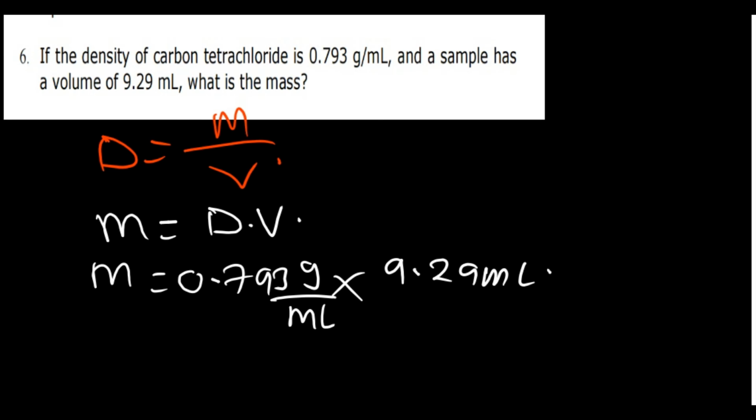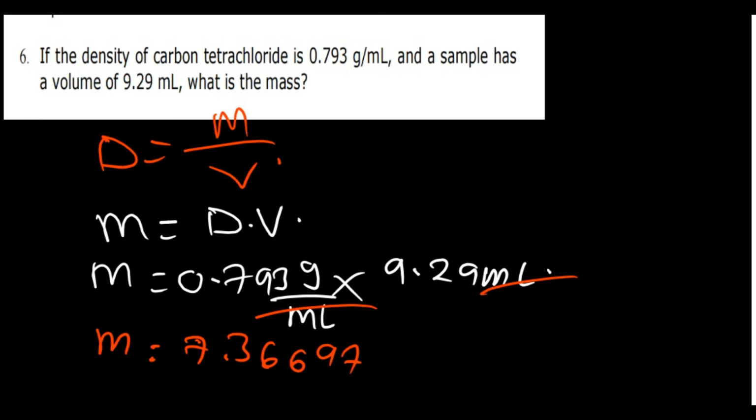So the mils cancel. We can get our calculator and say what is 0.793 times 9.29. This is giving me the mass of 7.3667 grams.